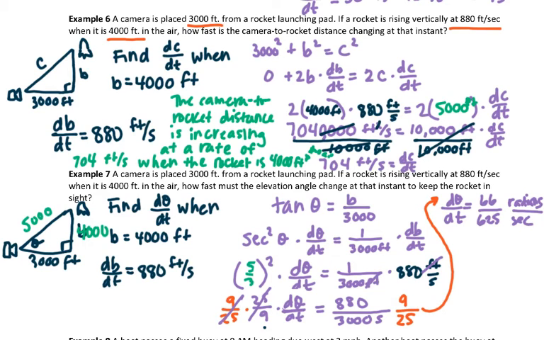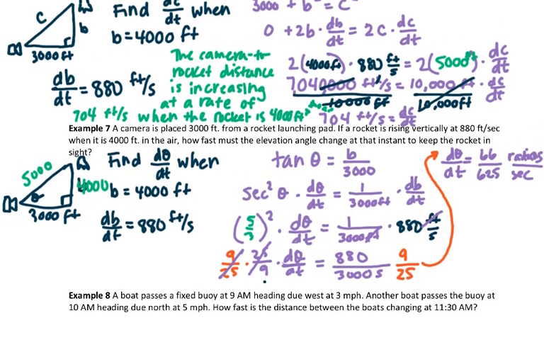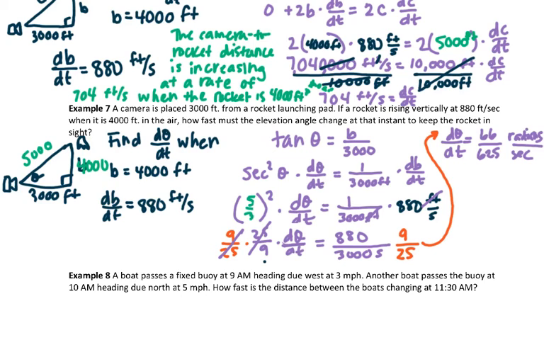So now we can finally write our sentence, or maybe we'll see how this goes. So we'll say the elevation angle, I guess I'll try to write it over here.